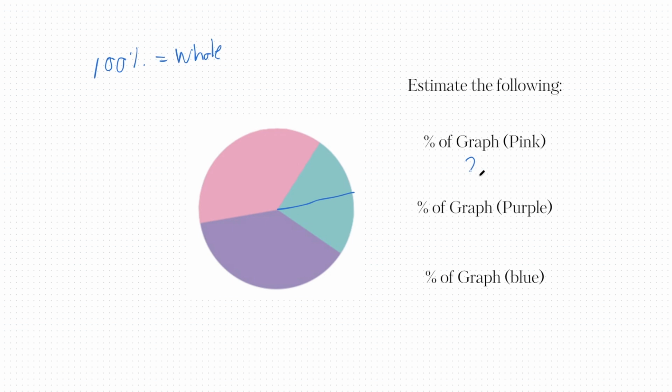I'm going to predict that the pink part is 35% of the graph, and the purple part is the same thing, another 35%. That leaves us the blue. We know that all three parts have to add to 100. So 35 plus 35 is 70, which means the prediction for the blue would be 30%. And again, this is just an estimation. That's all it is.